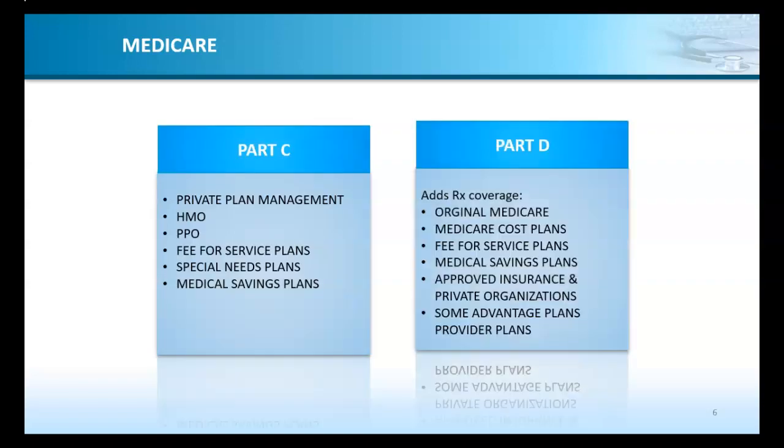There is also Part C and Part D of Medicare. Part C is a private plan management of the Medicare benefits, which includes HMOs, PPOs, fee-for-service plans, special needs plans, and medical savings plans. When you're thinking about HMOs, those are your health maintenance organizations, and PPOs are preferred provider organizations.